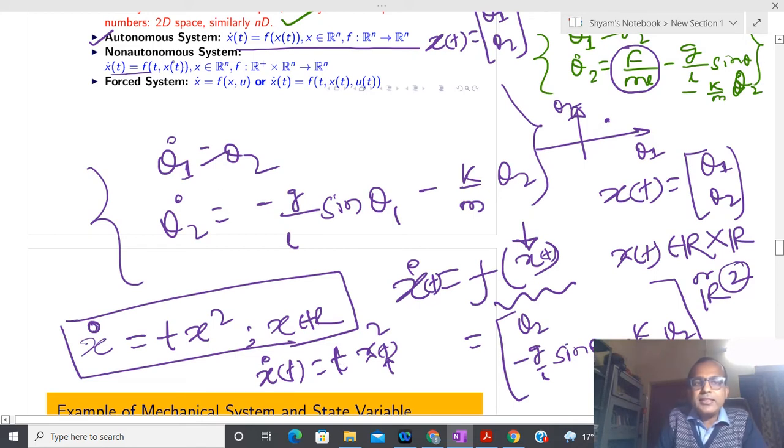You can see this representation: x dot(t) equals f, some kind of function, I don't care, which is an explicit function of t and x(t), so t and x square are present. So Rahul, now could you please guess whether this is a non-autonomous system or autonomous system?